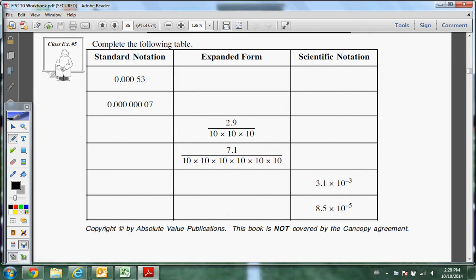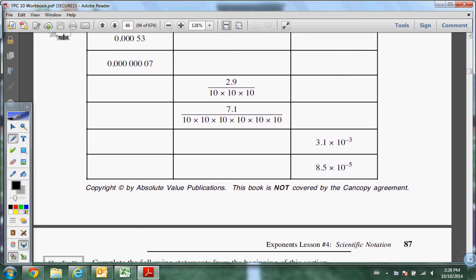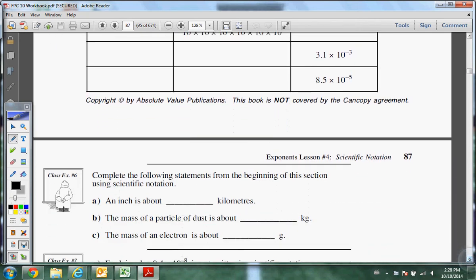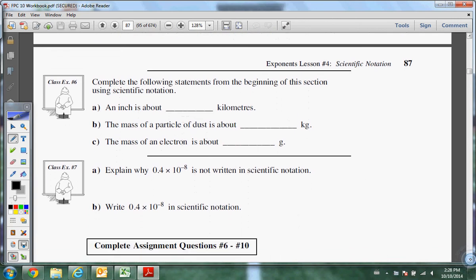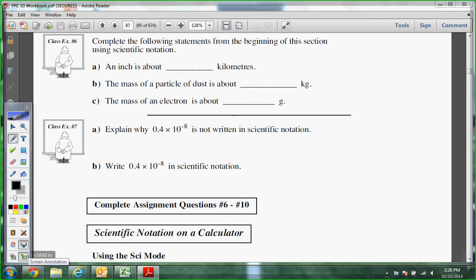All right, so now we'll convert those super long ones from earlier. Example number 6. Complete the following. The inch is about how many kilometers? 2.54, which we recognize, right? Because there's 2.54 centimeters in an inch.